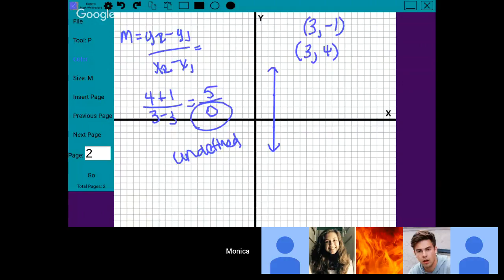Okay. Now for number 19, you have to write the equation of a line that passes through point P and is perpendicular to the line with the given equation. So if you have a point and you have an equation of a line and you need to graph one that's perpendicular, what do we know about the slope of a perpendicular line?